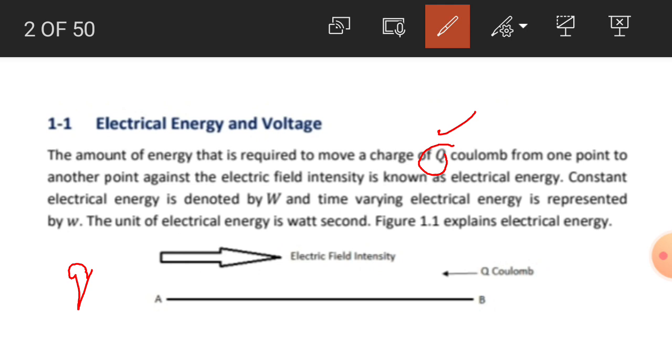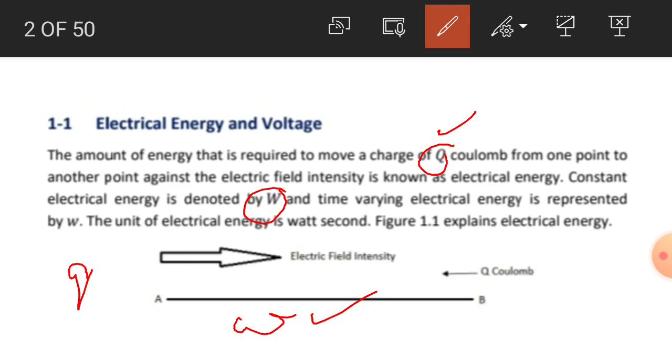Similarly, the electrical energy is represented by W. If it is capital W, it means that the magnitude of this energy is not varying with time. If it is changing with respect to time, we will represent it with the help of small w, and so on.